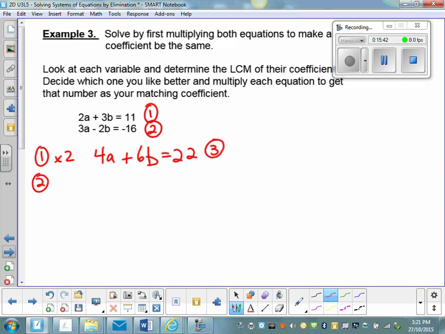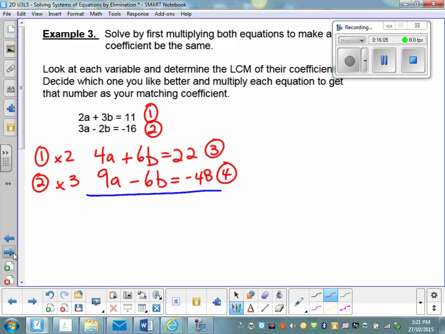And if I take equation 2 and multiply that by 3, I get 9a minus 6b equals negative 48. So that's equation 4.